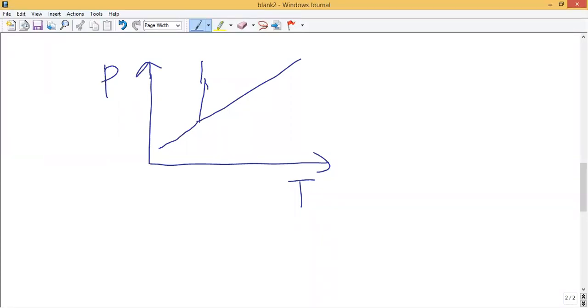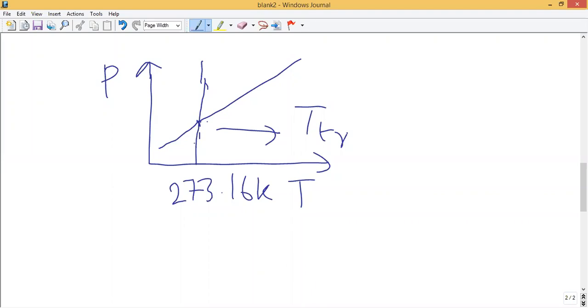So at a certain temperature, 273.16 Kelvin, this is known as the triple point temperature. T_TR means triple point. Okay. At the triple point, three states coexist at the same time.